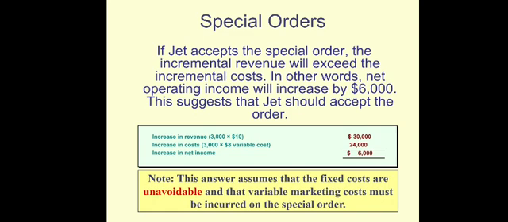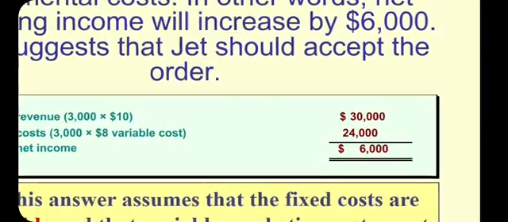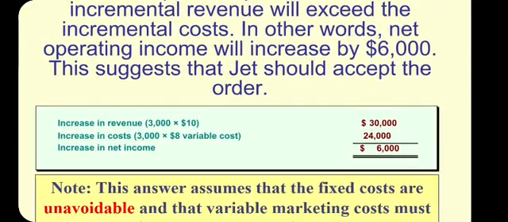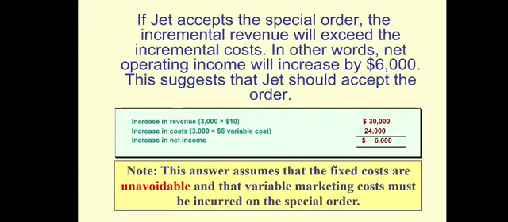It is within the idle capacity. So within the idle capacity, the fixed cost is unchanged. So that's why here you can see that the incremental revenue is 30,000, the incremental cost is 24,000. So the increase in net income is 6,000. So it is a good idea to accept this order.